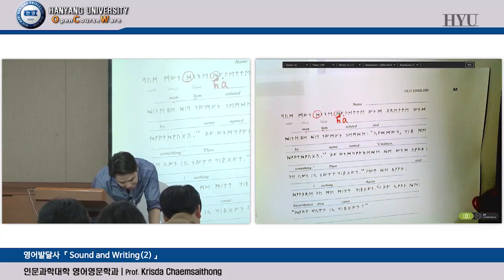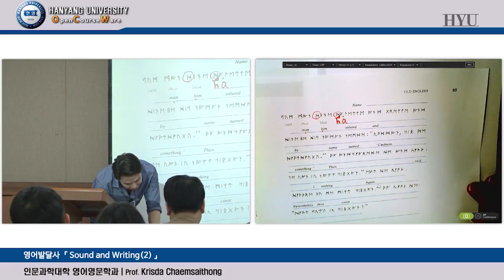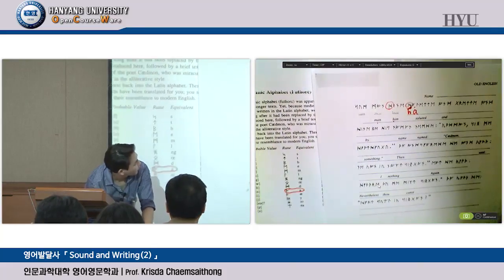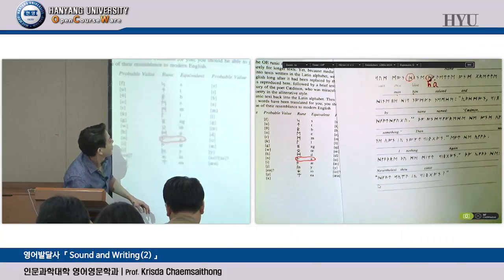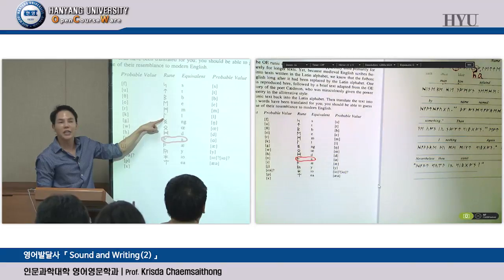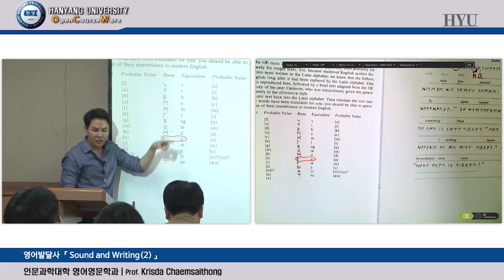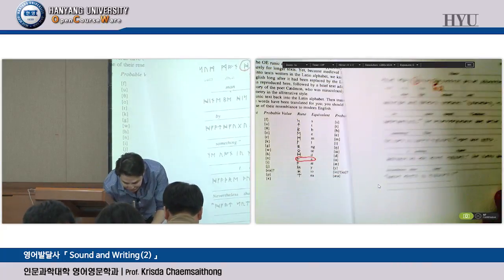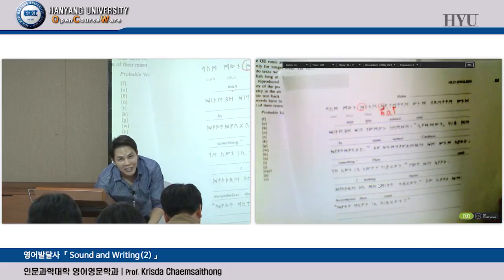The third one. How should I describe that? Arrow-like, but there's only one stroke of the arrow. This one, right? Can you identify? Arrow-like thing. L. So L. And then the next one should be easy to recognize.